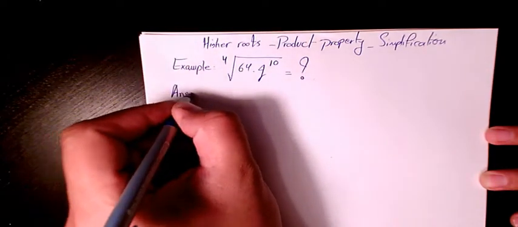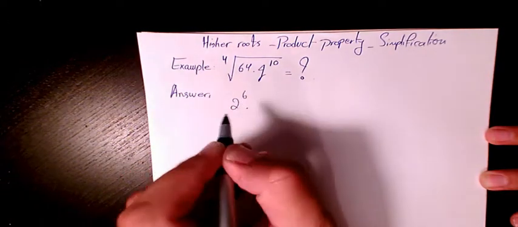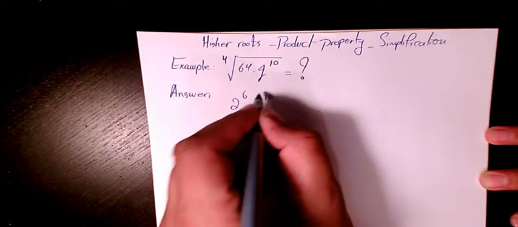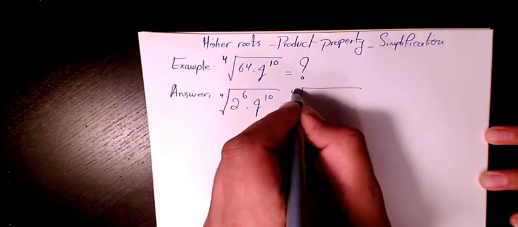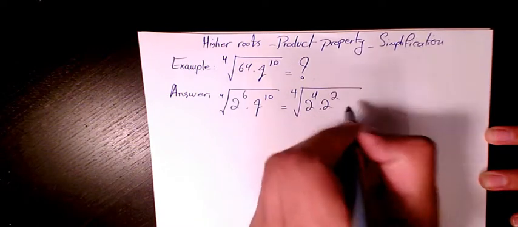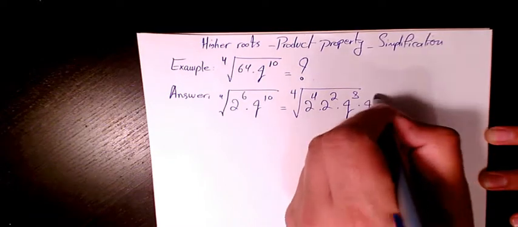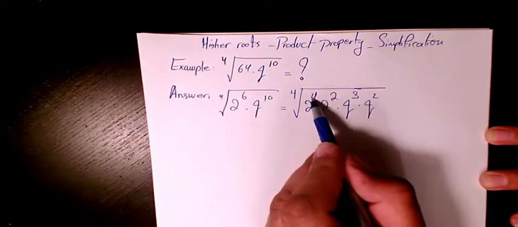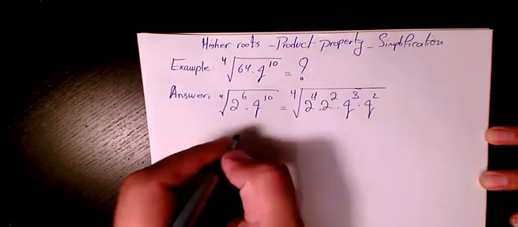Answer is 64 basically is 2 to the power of 6, and we have q to the power of 10. Then we can say 2 to the power of 6 will be 2 to the power of 4 times 2 to the power of 2. Q to the power of 10 is q to the power of 8 times q squared, because we need to take the exponents out that are multiples of 4.